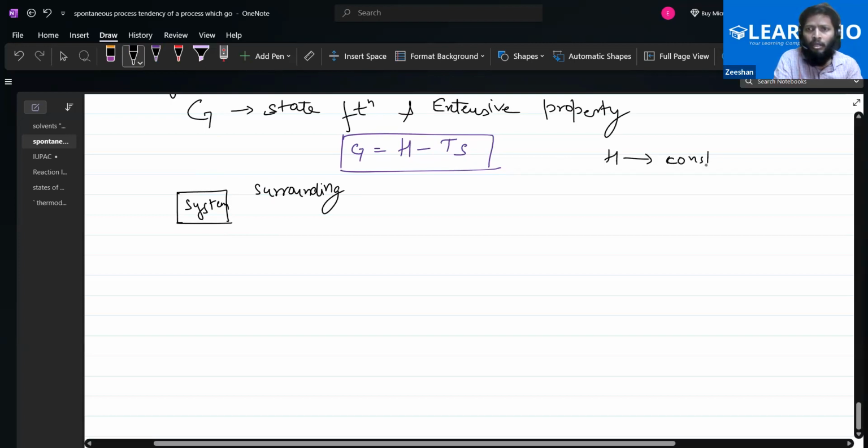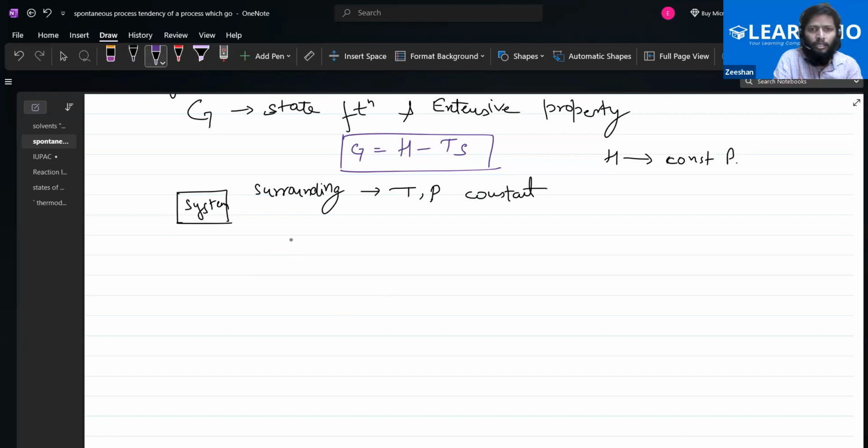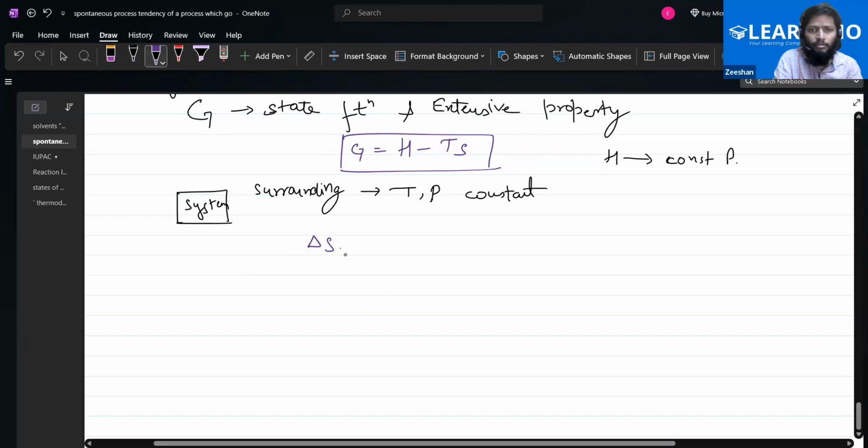Just for your knowledge, in the surrounding, T and P are taken as constant. Now delta S of universe, the change in entropy of universe, will be equal to the change in entropy of system plus surrounding. You already know that system plus surrounding is universe, right?